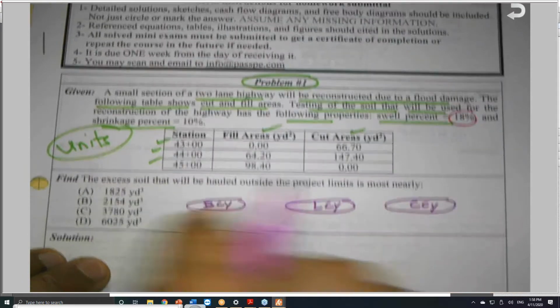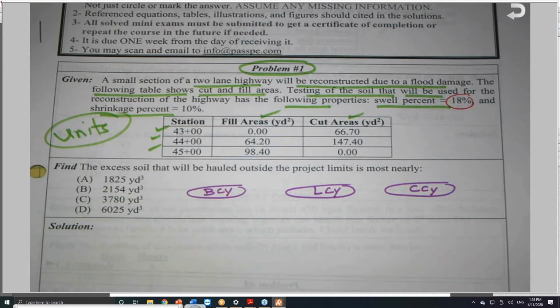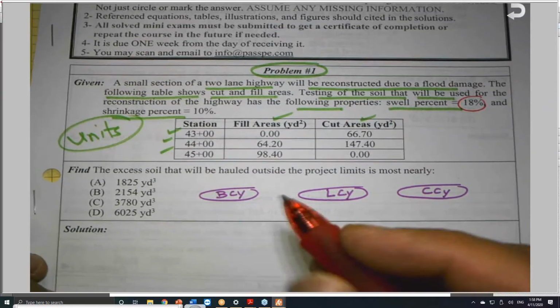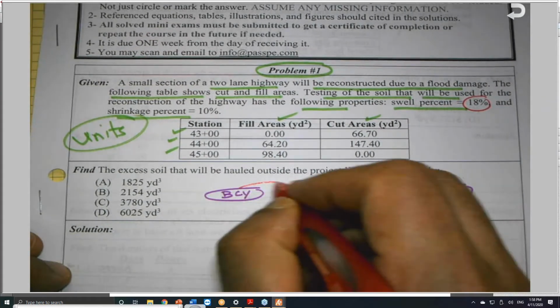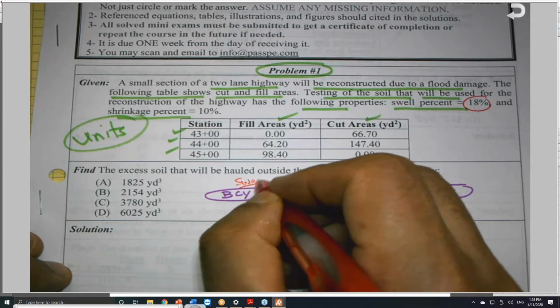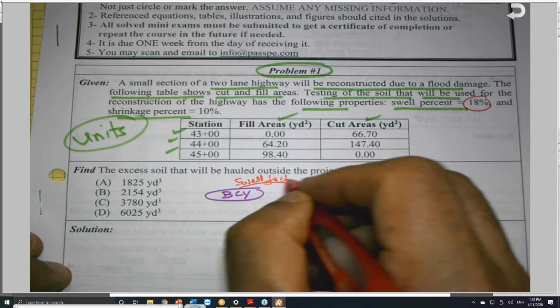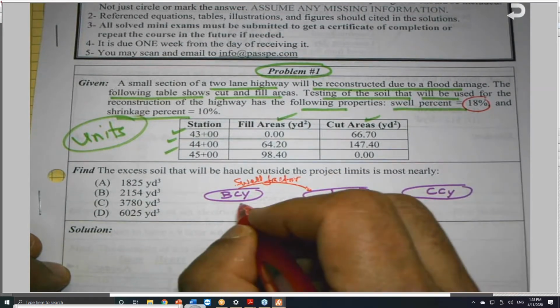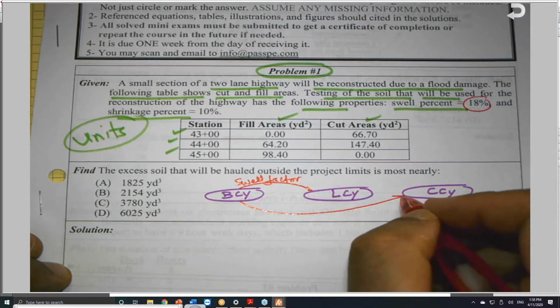Try to write as much as you can while you are studying. Try to draw sketches and diagrams, as I mentioned before. Forgive me because I'm repeating myself a lot, but from here to here is the swell factor, and from here to here is the shrinkage factor.